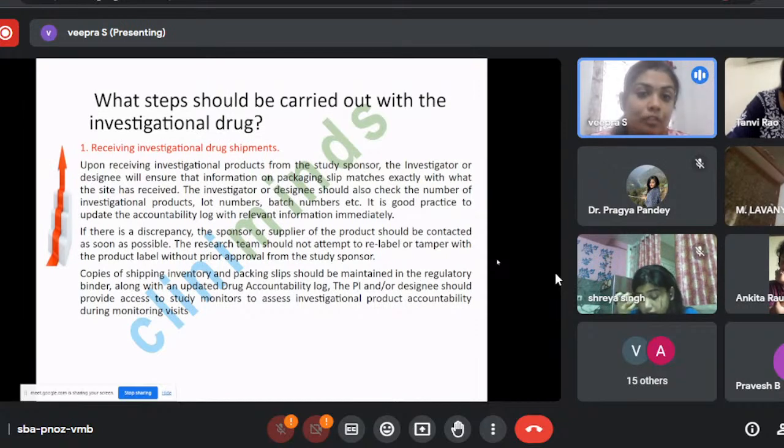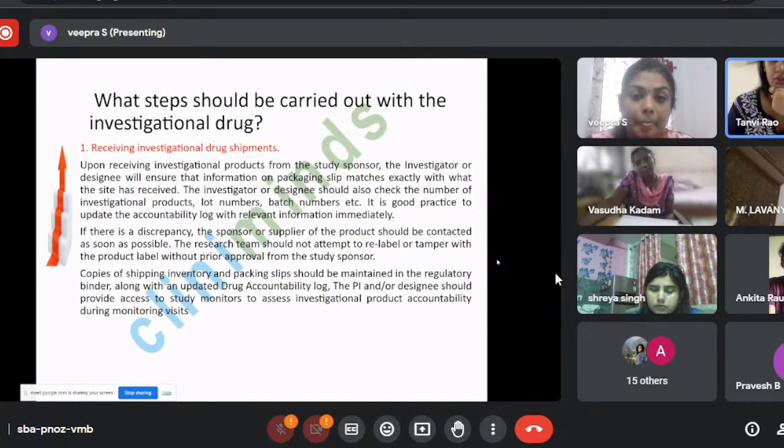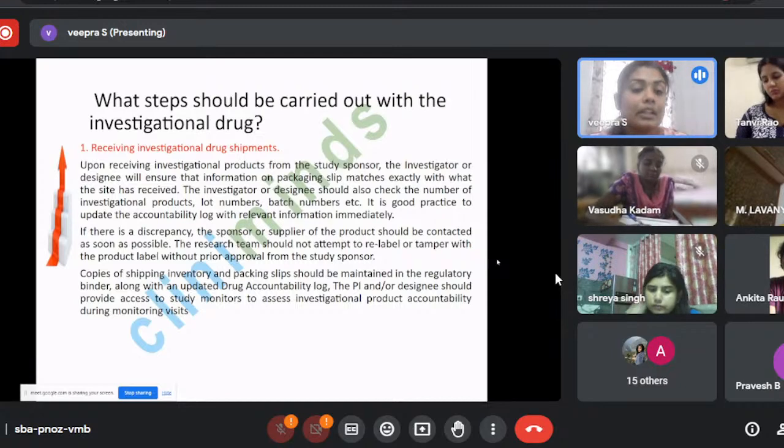What is the name of the log in which we give the information related to receiving the investigational product at site? The Inventory Log or Master Accountability Log. What information is present in that log?